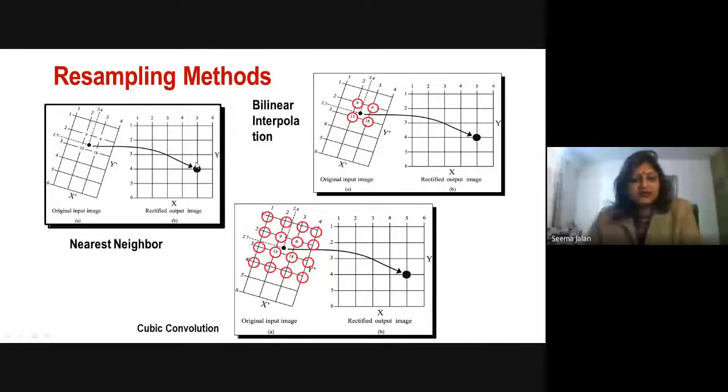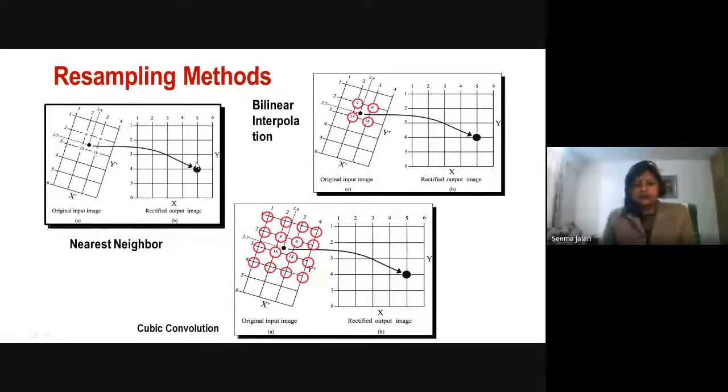So at times when you use the nearest neighbor method, a lot of pixels get the value from the same pixel location. So your output may be patchy. It will have patches of the same pixel value.